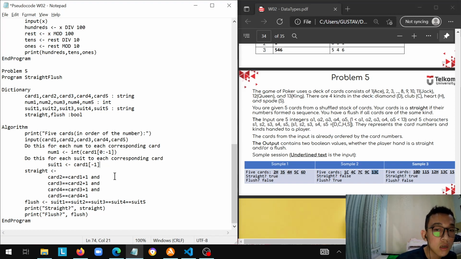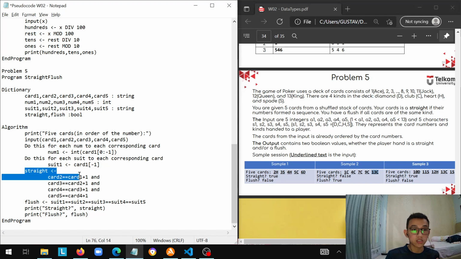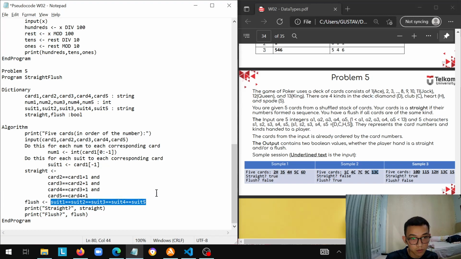And for the next one, we're going to check whether it is a straight or not. Pretty simple, right? If it's a straight, it's going to be in order and it has a difference of 1. Card 2 is going to be the same as card 1 plus 1. Card 3 is going to be card 2 plus 1. Card 4, card 3 plus 1, and so on. And the flush is really simple. We need all the suits the same.